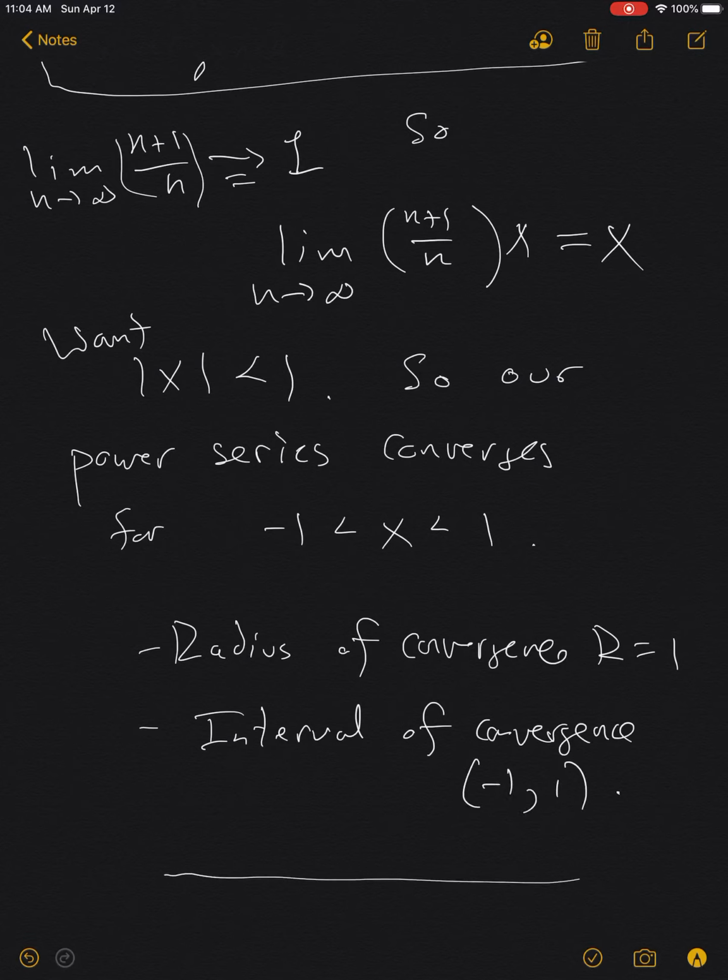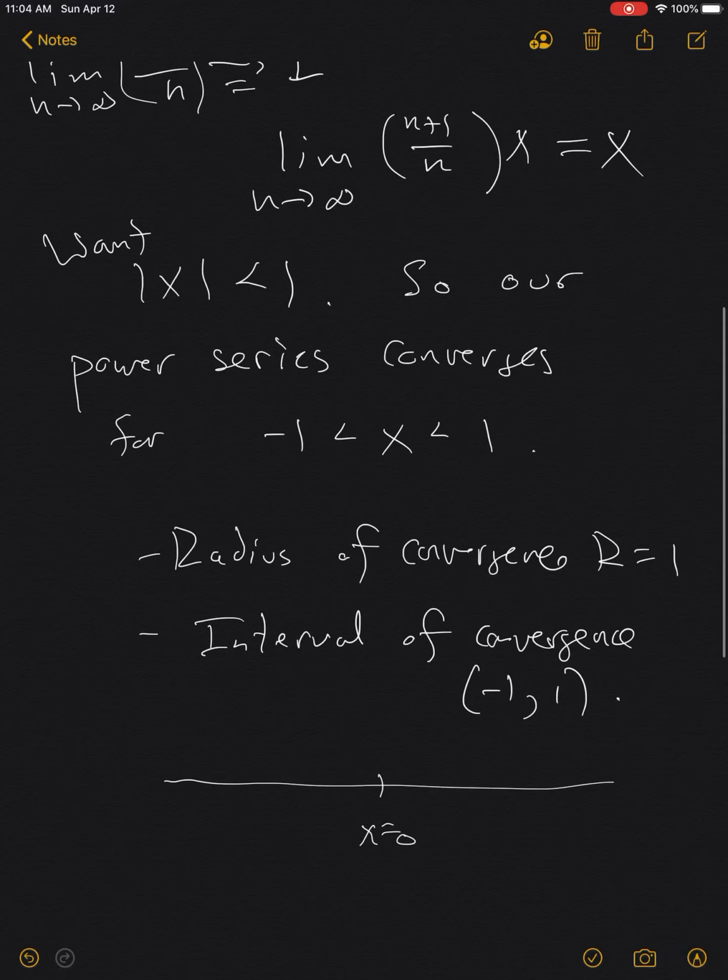So we're thinking of that as an interval centered at x equals 0 that has a radius of convergence 1. So radius means we go 1 unit out in either direction from the center. And those endpoints are not included in this case. And so we have our interval of convergence and radius of convergence.